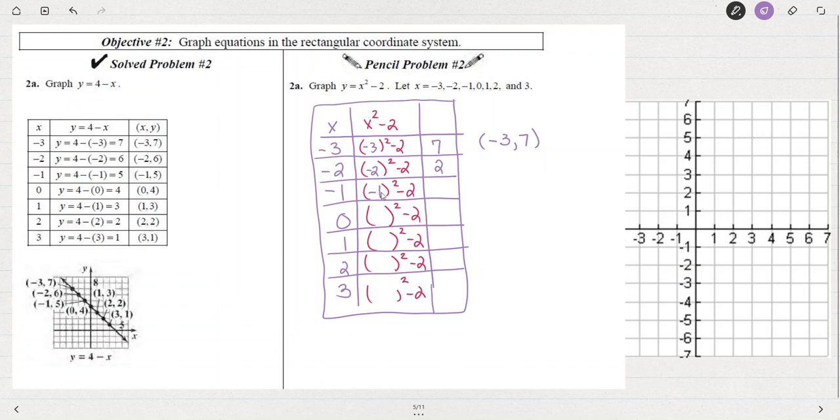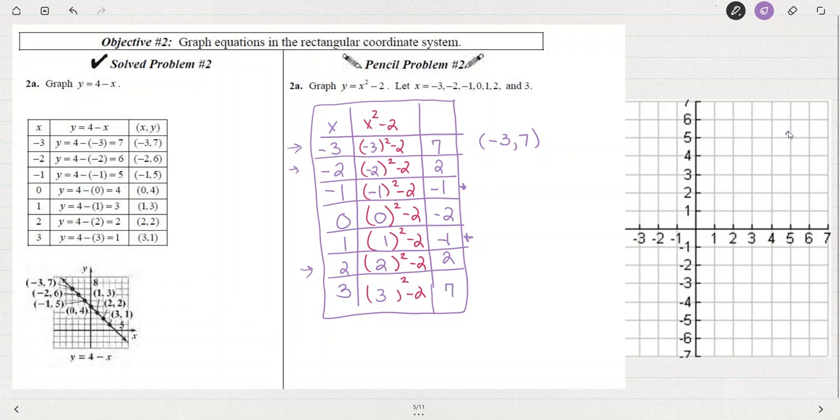Negative 1 squared is 1. 1 minus 2 is negative 1. 0 minus 2 is negative 2. 1 squared minus 2 is 1 minus 2. Here we get a repeat, negative 1, right? And then 2 squared is 4. 4 minus 2, there's our second repeat. Negative 2 or 2 gives us the same y value. And then 3 squared minus 2 will be the same as negative 3 squared minus 2, or 7.